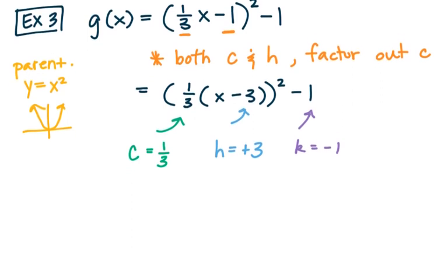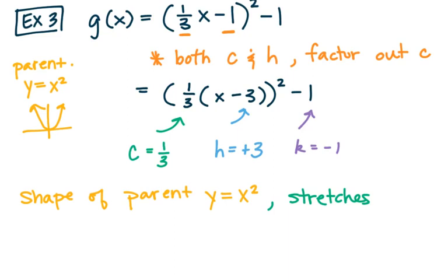So if I were describing my transformation here, we would say, well, it's the shape of the parent, which is y equals x squared. Multiplying by 1/3 lets me know, now that's 1/3 on the inside, so it's a horizontal shrink or stretch. Normally we would say 1/3 of something is less and would indicate shrink. However, because it's on the inside, it behaves the opposite way, and we're going to say it stretches horizontally.